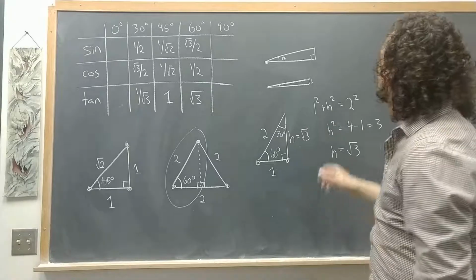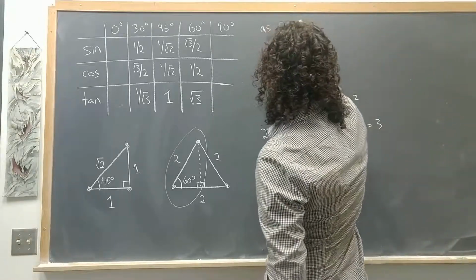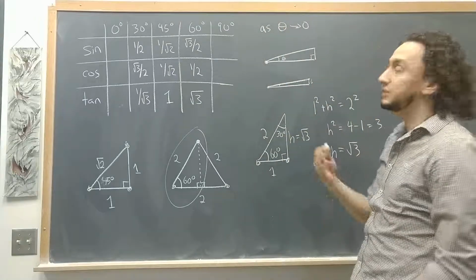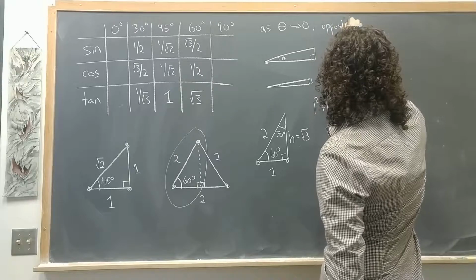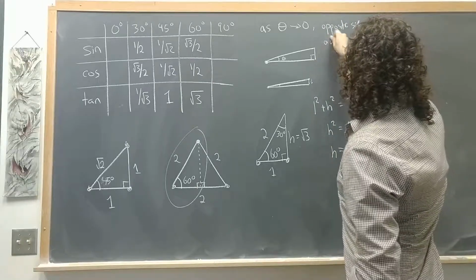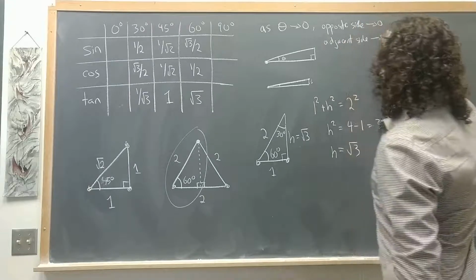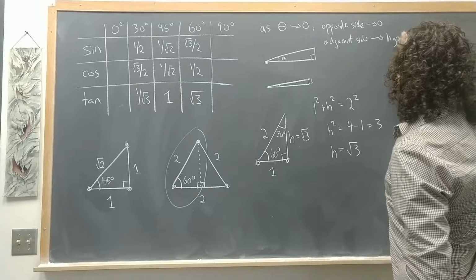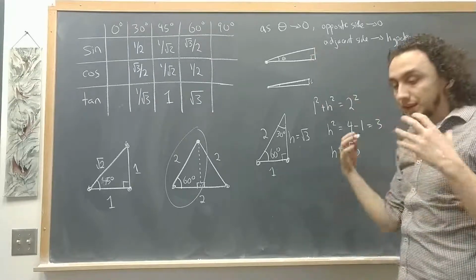Right? So we could write that, this is just an intuition, but as theta goes to 0, the opposite side goes to 0, and the adjacent side goes to be the same length as the hypotenuse. Just judging from this picture. Now, this is, again, just an intuition.